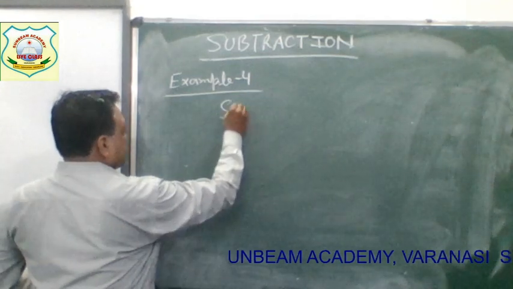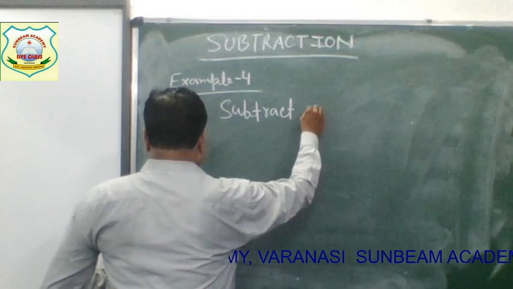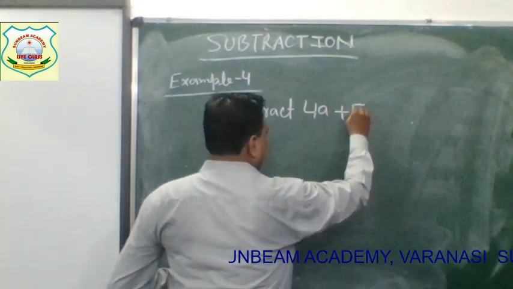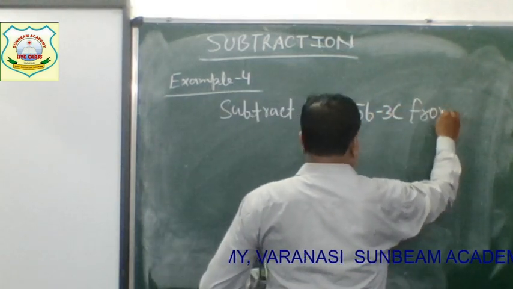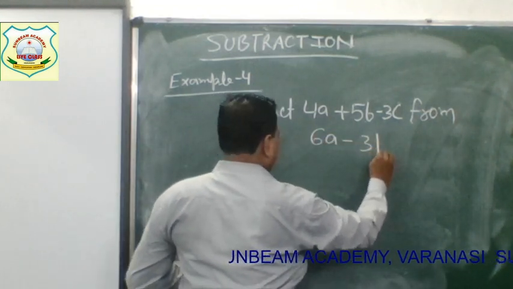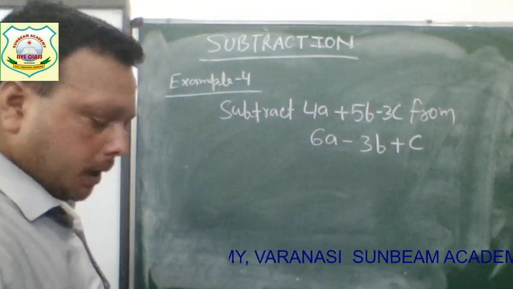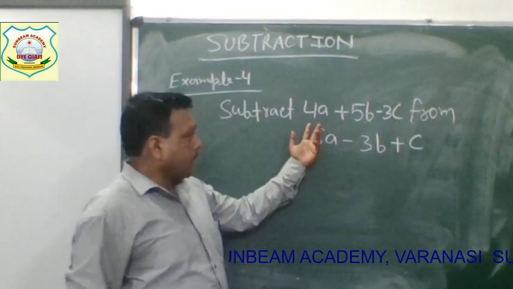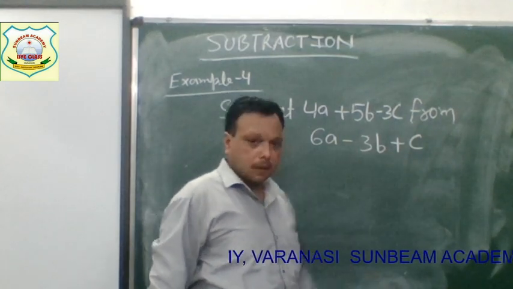Subtract 4a plus 5b minus 3c from 6a minus 3b plus c. Students, the question is given: subtract the expression 4a plus 5b minus 3c from 6a minus 3b plus c.